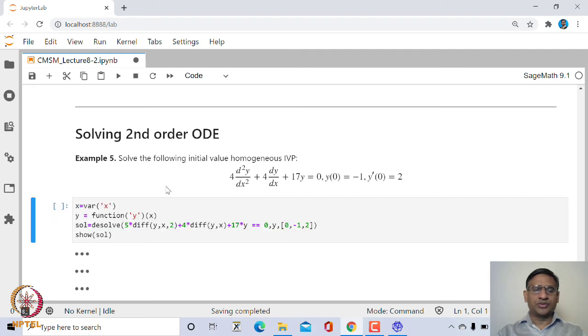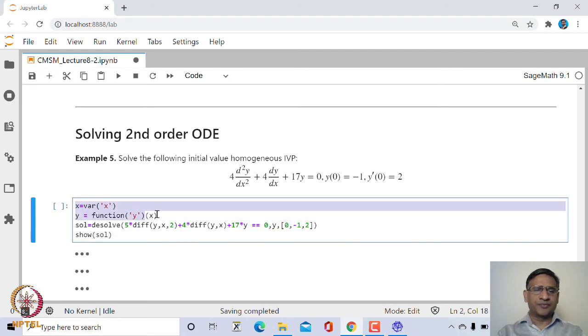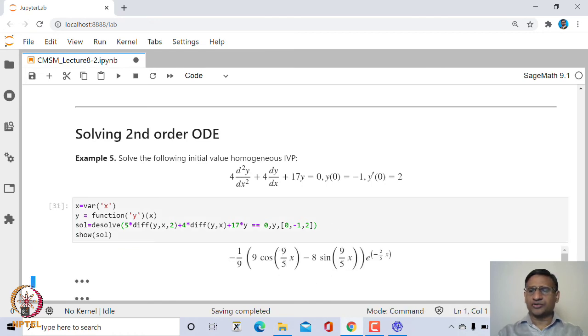So again what we do, we define this differential equation by taking y as a function of x, and this is the differential equation: 5 into second derivative of y with respect to x plus 4 into first derivative of y with respect to x plus 17y is equal to 0, and the initial condition is 0, minus 1, 2. So here this is x0, this is y0, and this is y dash at 0. This is the default value, and then this is what the solution looks like.